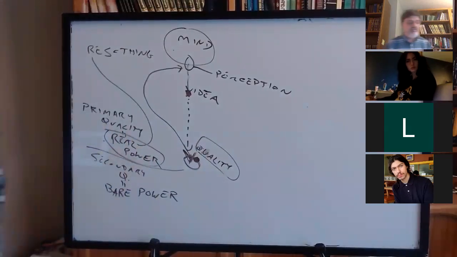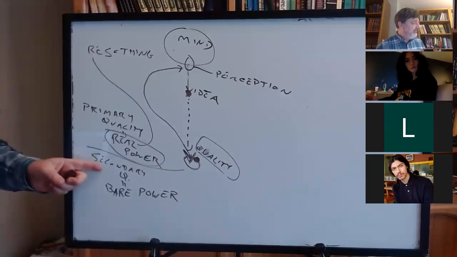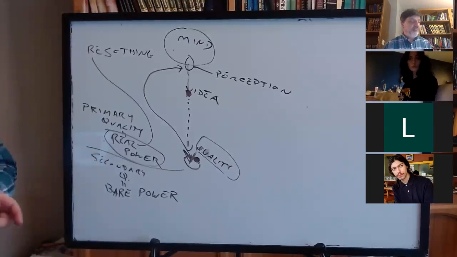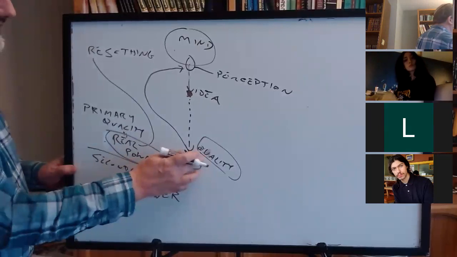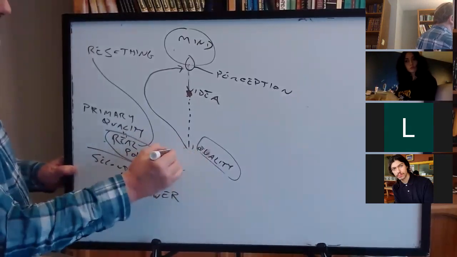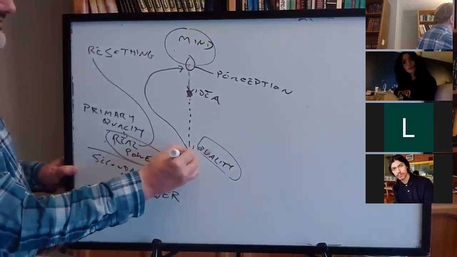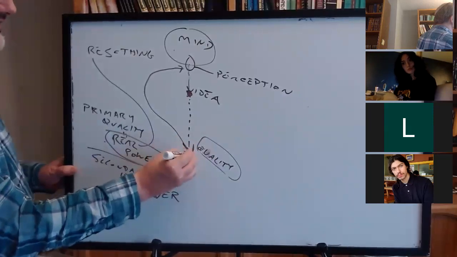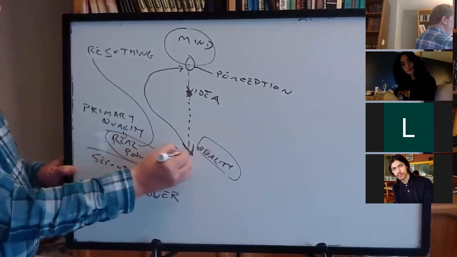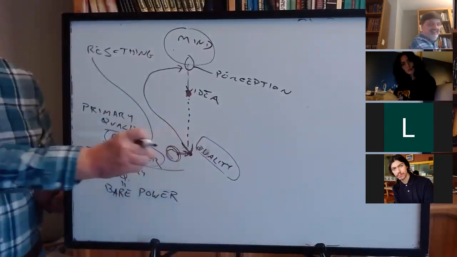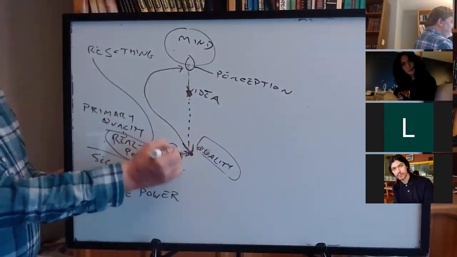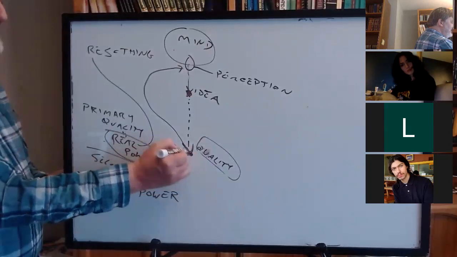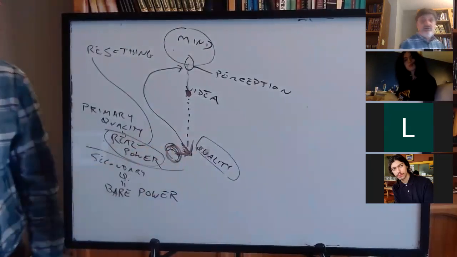A real power is a power that has its basis in a separate little thing that is the power. Whereas a bare power is a power where, in the case of a real power, you have the thing that has the power, and you have this little thing that is the power, and because this big thing has this little thing, that's why it has this power.